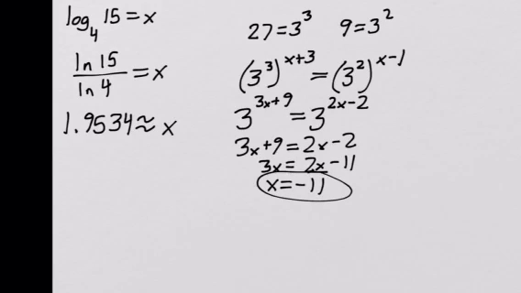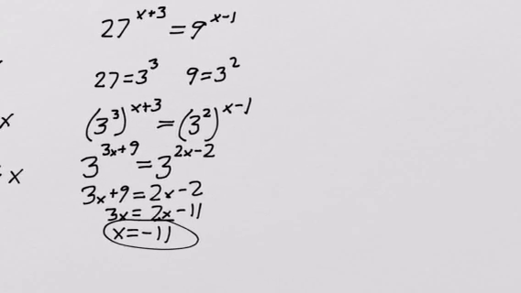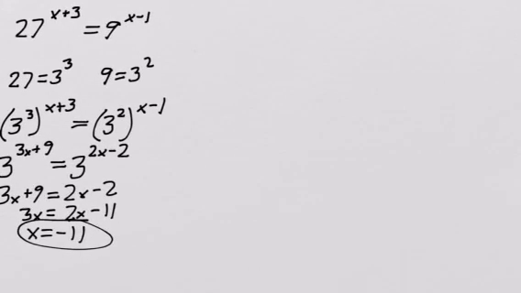Now the other situation that you're going to deal with before we move on to special forms is going to be something of the form 5 to the x minus 2 equals 4 to the 2x plus 3.